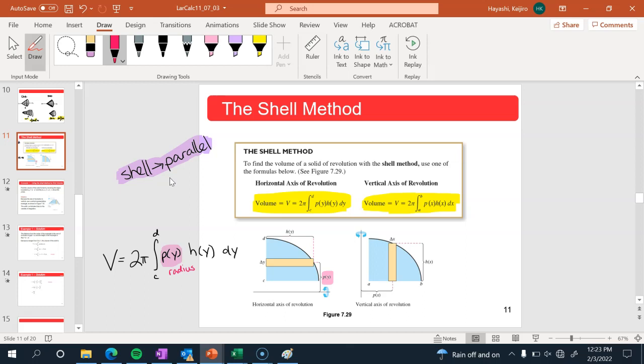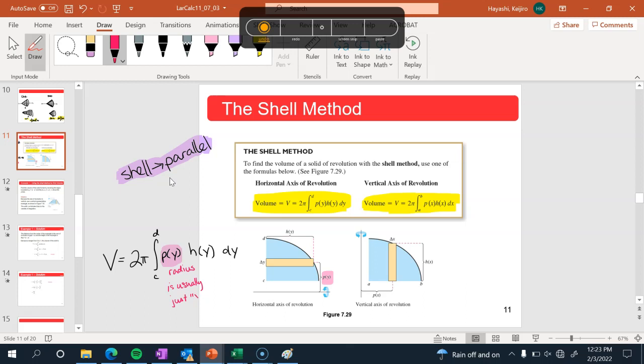Although this might look complicated, there are two functions inside that integration. The radius, for a dy integral, is usually just y, because if you look at that slice, it's going to be rotating around and making this shell.